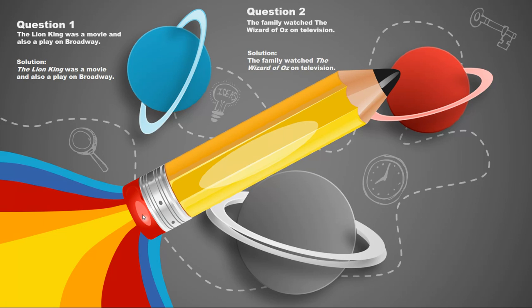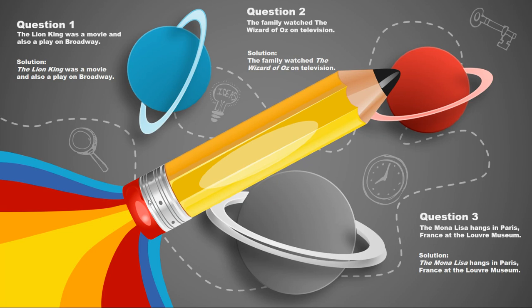The Wizard of Oz should either be underlined or italicized. Next, we have: the Mona Lisa hangs in Paris, France at the Louvre Museum. Take a few moments, do your work, pause the video, and then come back and compare your answer to this solution. The Mona Lisa, which is the name of a major piece of artwork, should be either underlined or italicized.